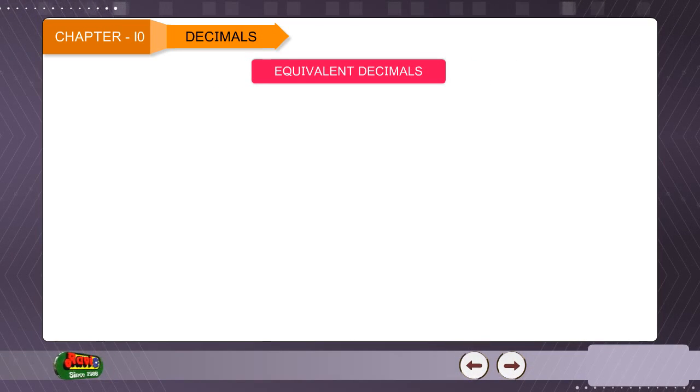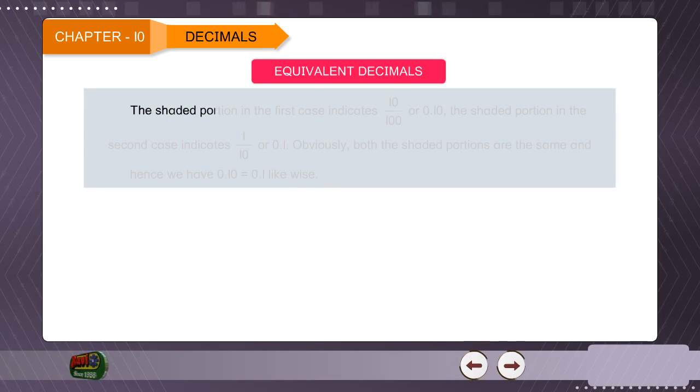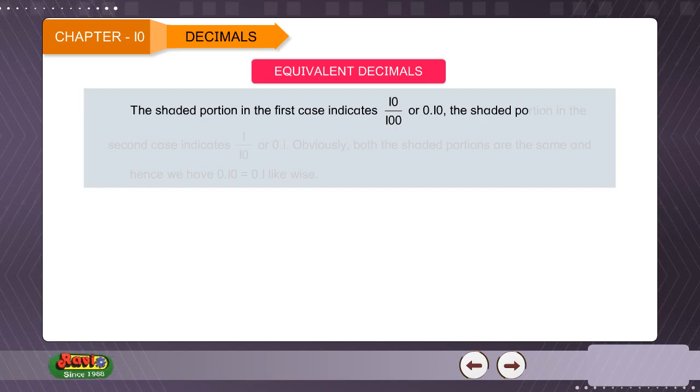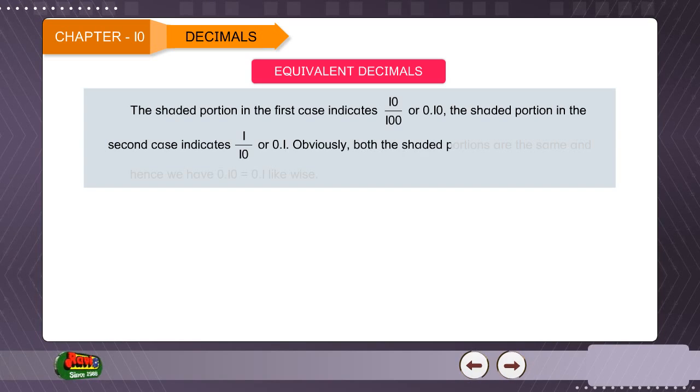Equivalent decimals. The shaded portion in the first case indicates 10 by 100 or 0.10. The shaded portion in the second case indicates 1 by 10 or 0.1. Obviously, both the shaded portions are the same and hence we have 0.10 is equal to 0.1.